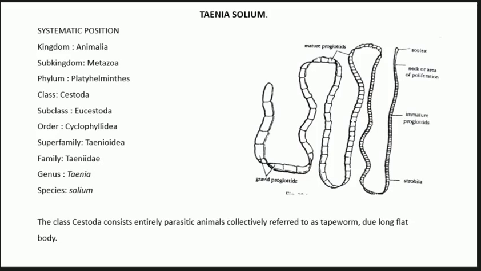Order is Cyclophyllidea, then superfamily Taenioidea, family Taeniidae, and then you have genus Taenia. Species is solium.